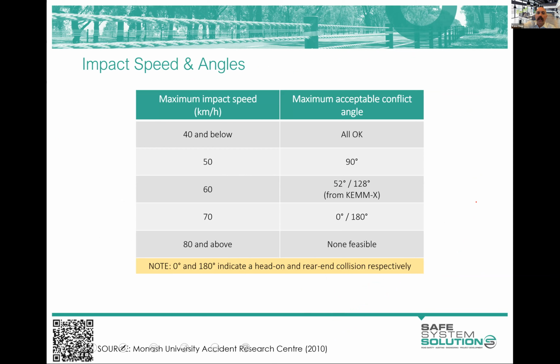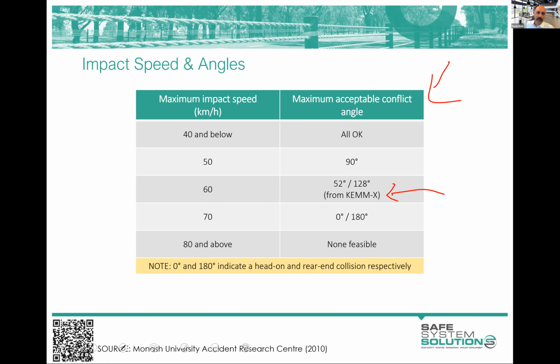So I'll put up lots of these tables showing different angles, different speeds. You'll see that a lot of this has been determined from ChemX, which is the kinetic energy management model. I mentioned that in the last session. It's a model that you can use to put in all your variables of speed and weights of vehicles and angles, and then it'll spit out some information about severity of impact or predicted severity.